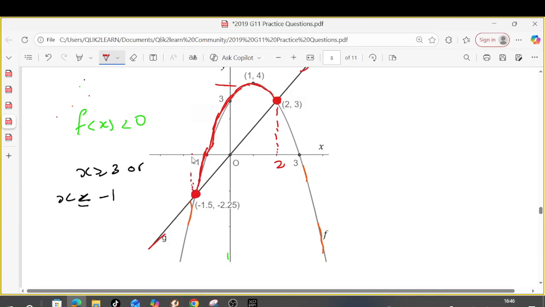You see this -1.5, this is the point of intersection. So it is from this point and that point. So x must be less than or equal to 2 and greater than or equal to -1.5. This should be easy.